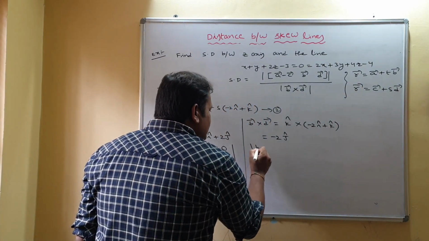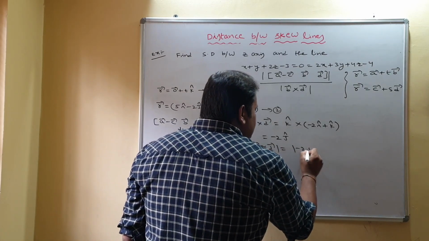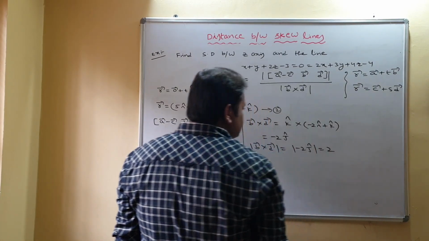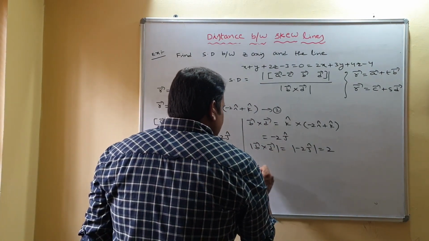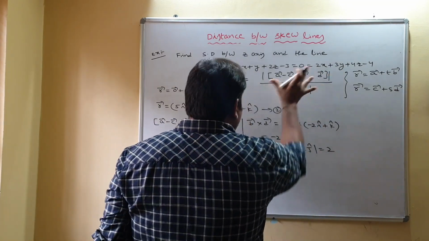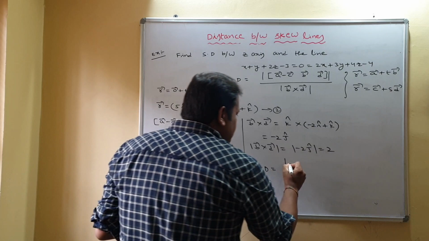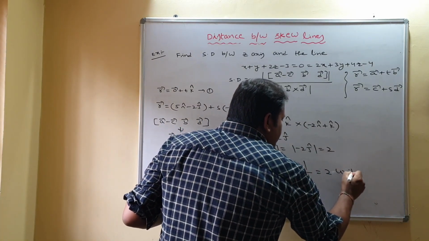Now you tell what is mod B cross D? Modulus of this will be 2, since you know mod J cap is 1. So the final answer: required shortest distance equals mod of this box value, which we got as minus 4 by 2. So 4 by 2, 2 units.